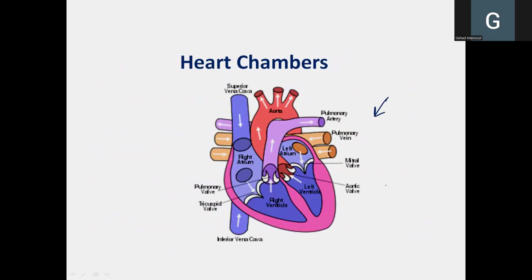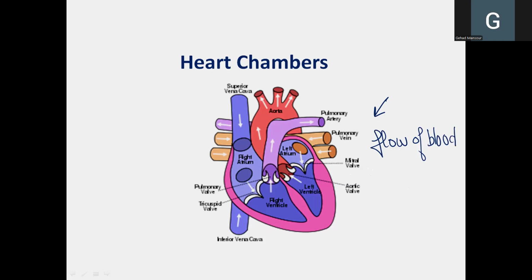This diagram shows the flow, and this is how the question will be designed if I ever ask you to draw a diagram representing the flow of blood inside the heart.